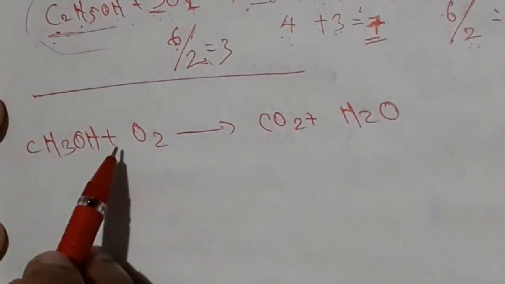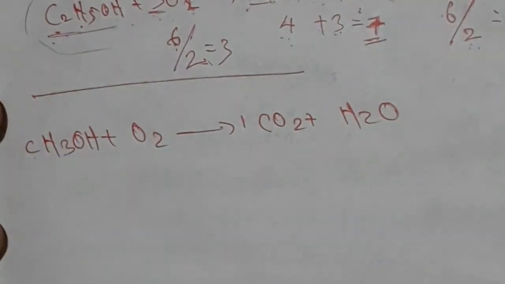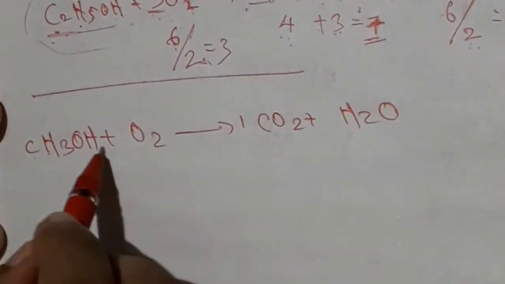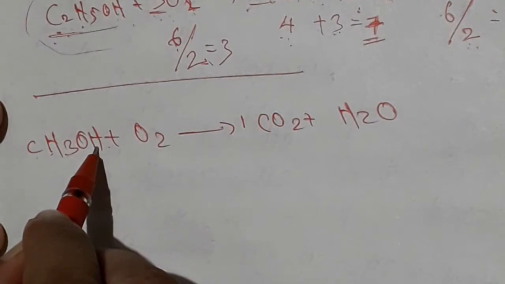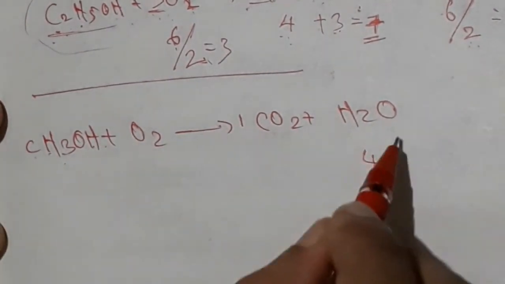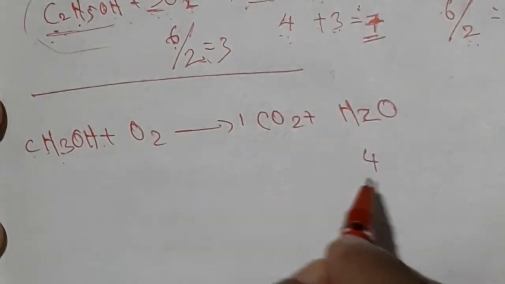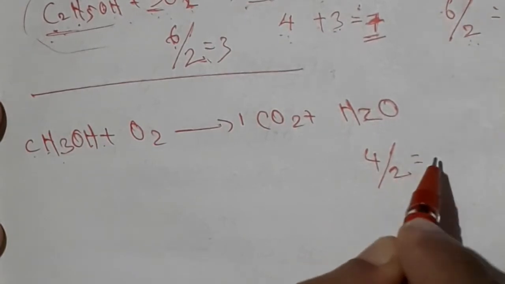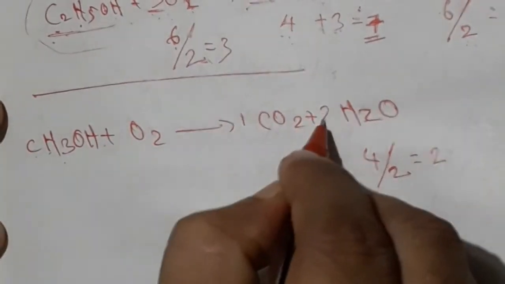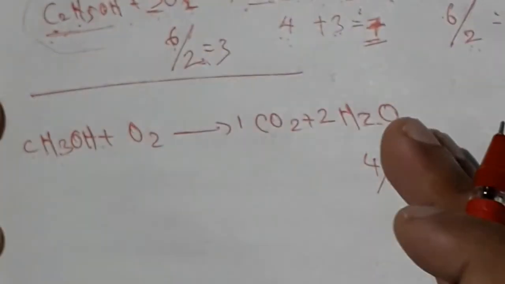Here CH3OH, 1 carbon, so it will be 1 carbon dioxide. CH3OH has 3 plus 1, 4 hydrogen, so we need 4 hydrogen over here. Because of this 2 we divide 4 by 2, it is 2. So 2 H2O. So we balanced the right-hand side.